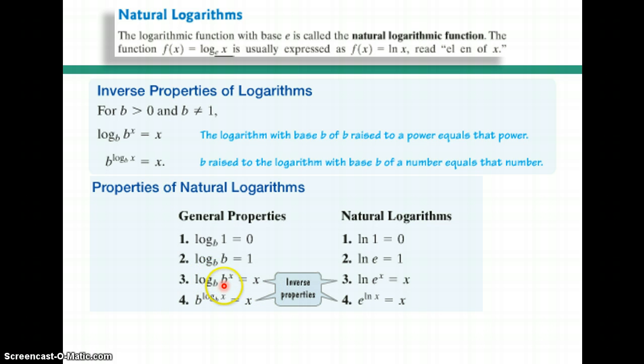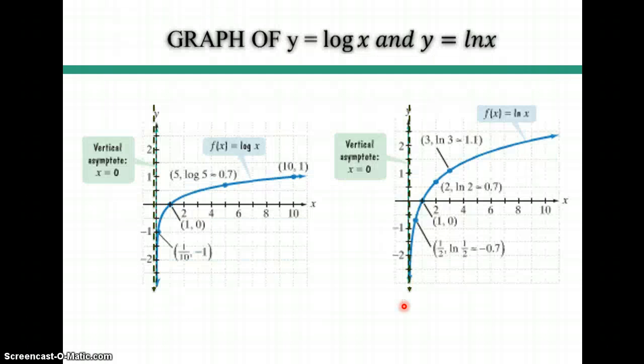Log base b to the x equal to x, ln e to the x equal to x. B to the power log base b of x equal to x, e to the power ln x equal to x.